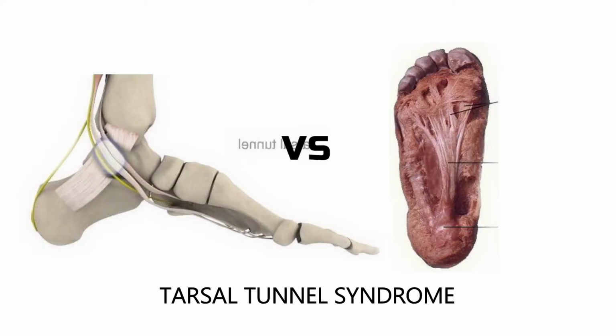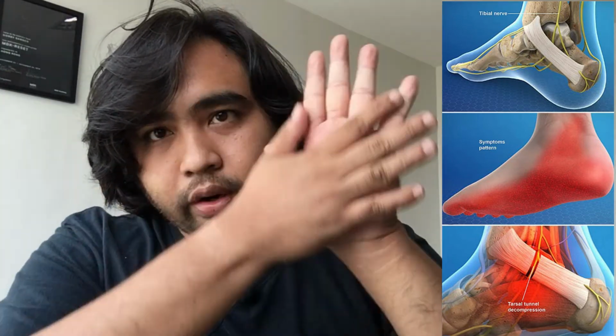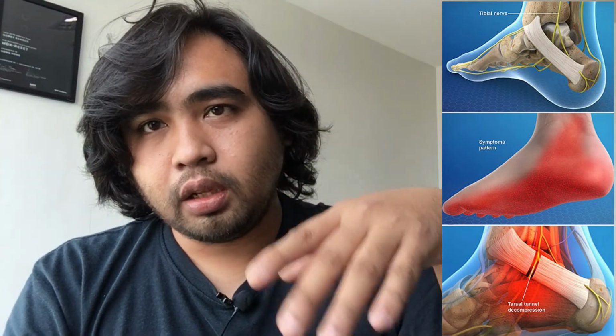Now, it could also be compressed on the tarsal tunnel area, not actually in the foot, but more around the ankle. On the inner side of the ankle, there's a tunnel wherein the tibial nerve passes. Once it compresses, it creates tibial nerve compression. What you will feel is a burning, tingling sensation on the whole part of your foot if it's tarsal tunnel syndrome.